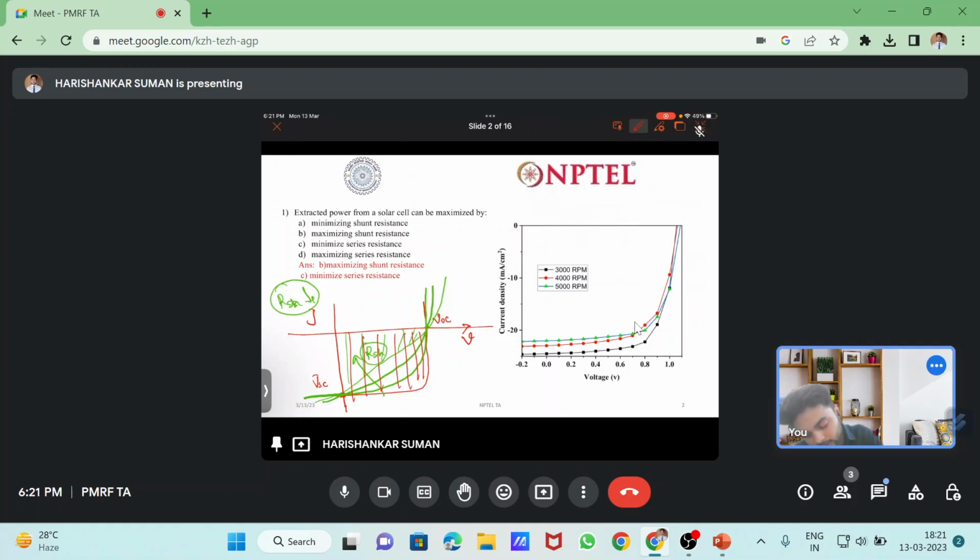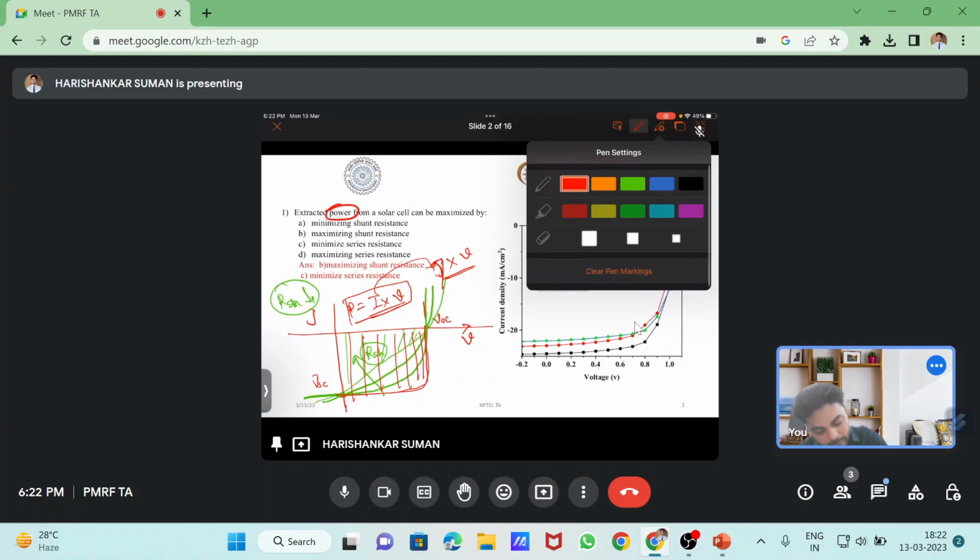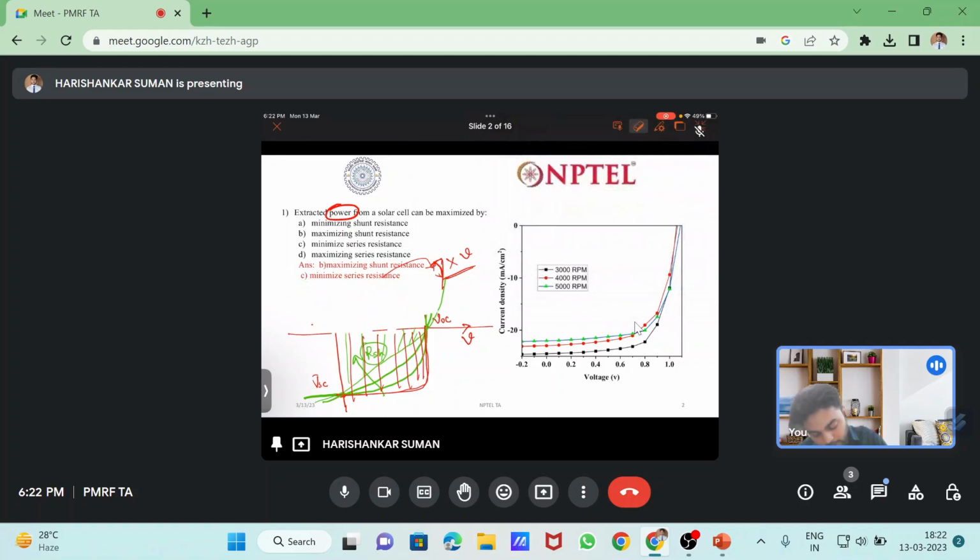So power is I into V. Basically here J into V; if we multiply by area, then we can calculate I. So the area of this curve gives us power. If the area decreases, then the power decreases.